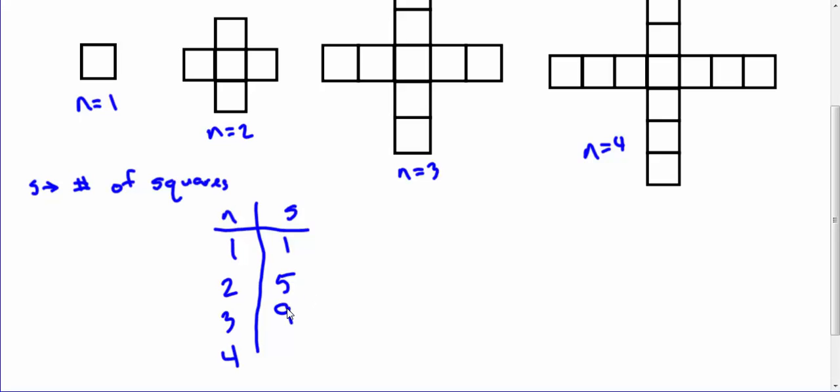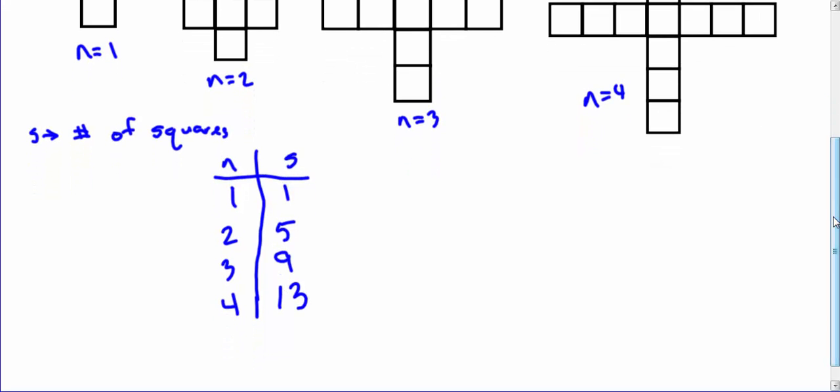The next one has 9, and then the next one has 13. That's the 4th one. Now here's a question you could think about. What if you had, say, just figure n, where you don't know if it's number 5 or number 72? How could you figure that out?